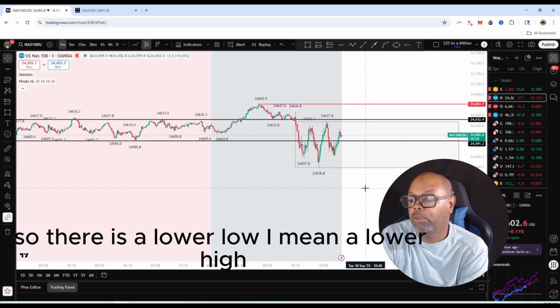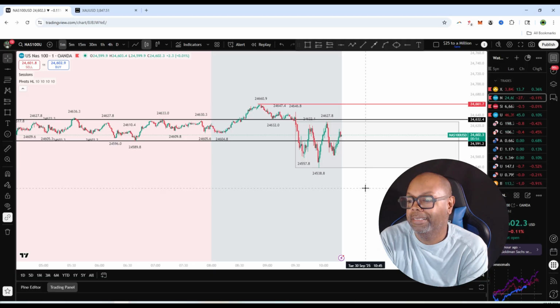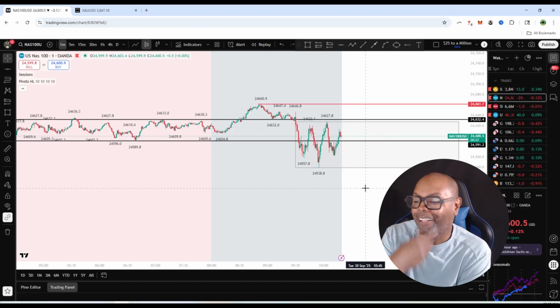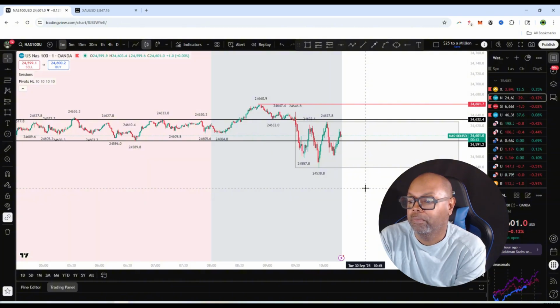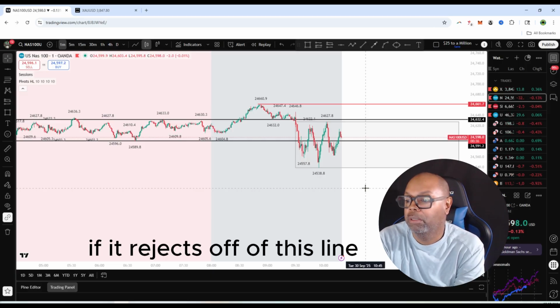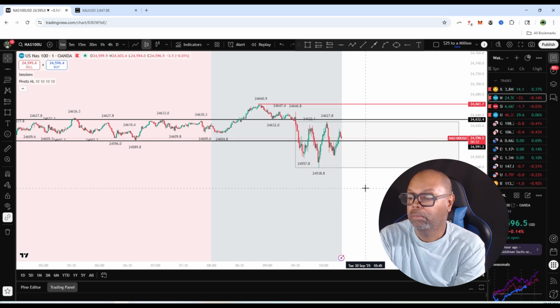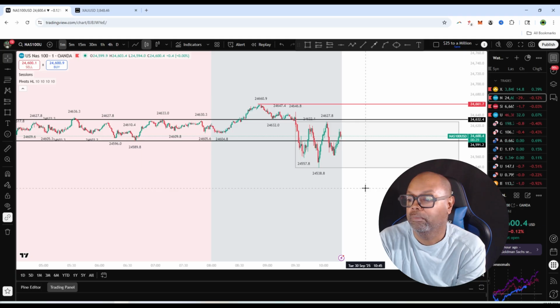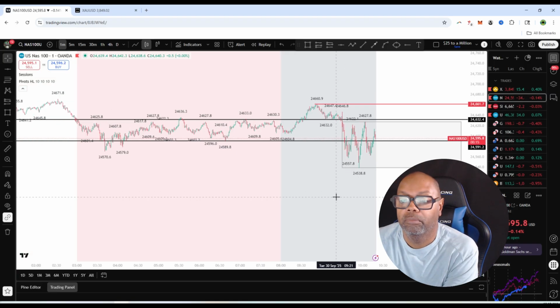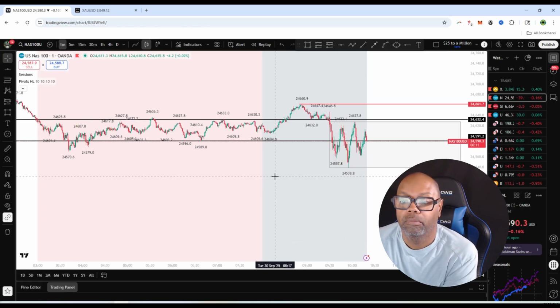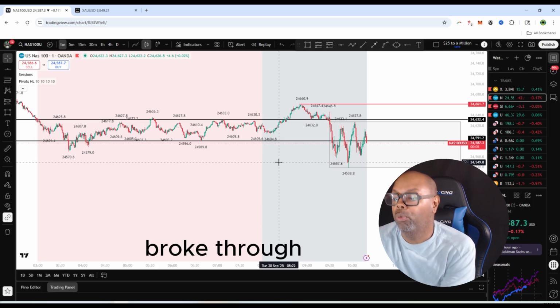So that is a lower low, I mean a lower high. Let's see what it's gonna get us, if it rejects off of this line. Broke through.